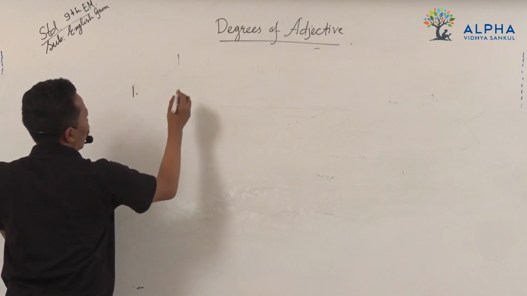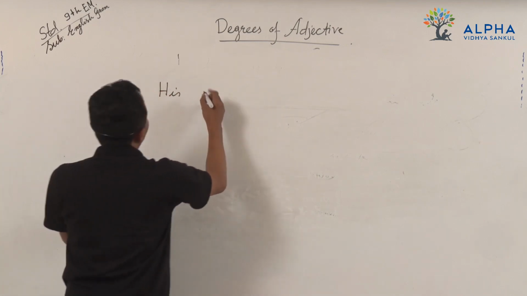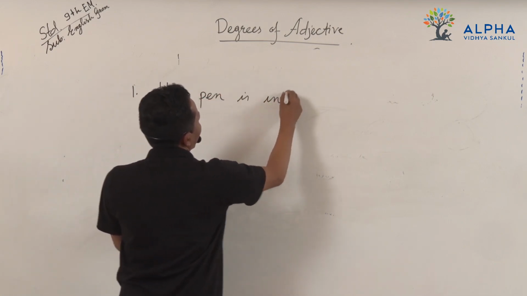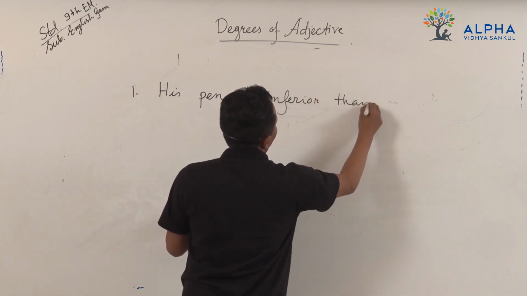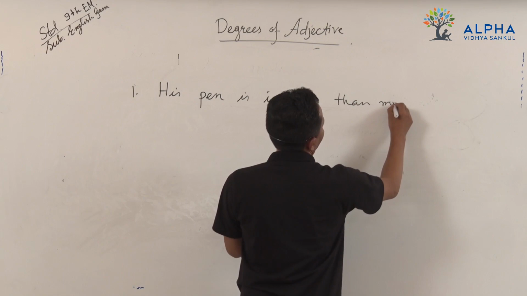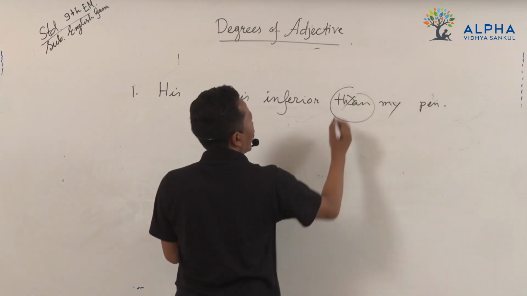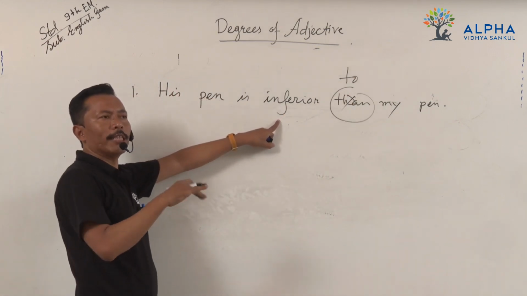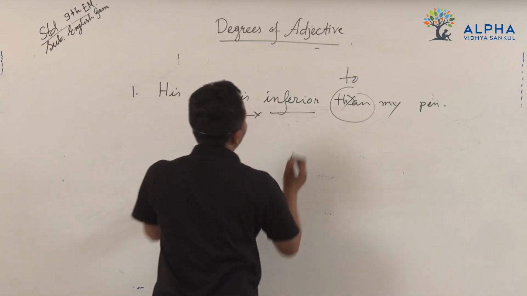Suppose if I give you one example, his pen is inferior than my pen. Here mistake is here, it is wrong. It should be what? To. Okay? But they do not have positive and the superlative degree. So let me conclude here for this adjective.